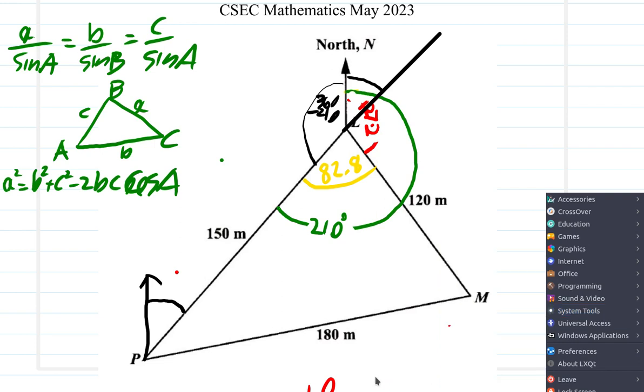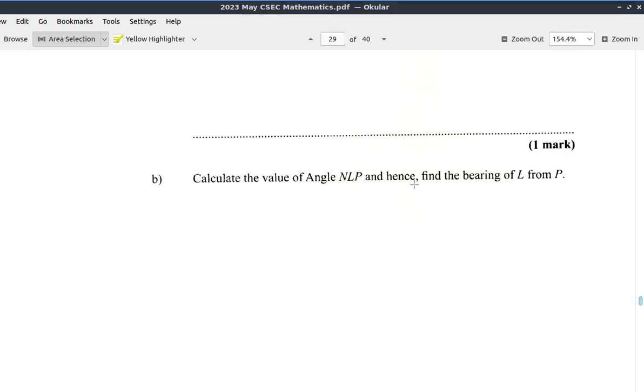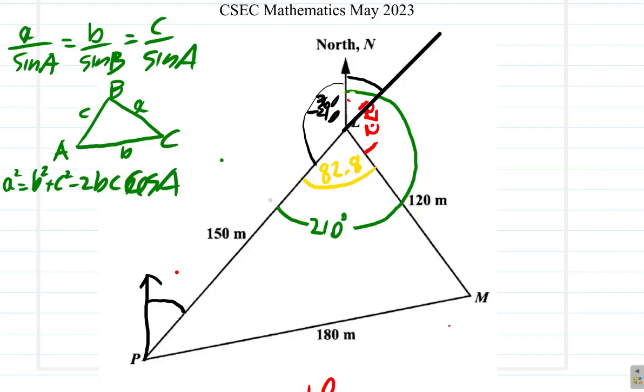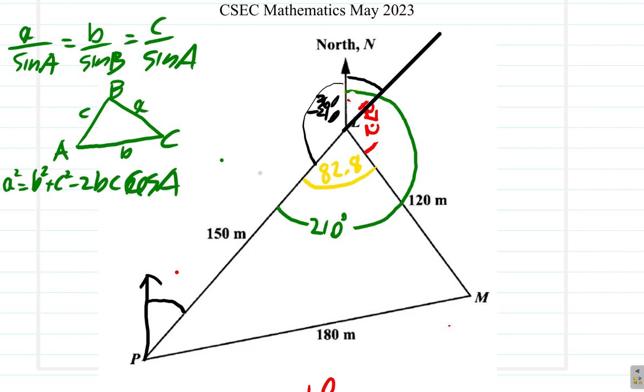Oh, they say the angle NLP is what they say? NLP, right. It's not the bearing they asked for. I see, they want NLP, so that's what we're about to do. We're going to find NLP. So what is NLP? It's 360 minus 210, right?